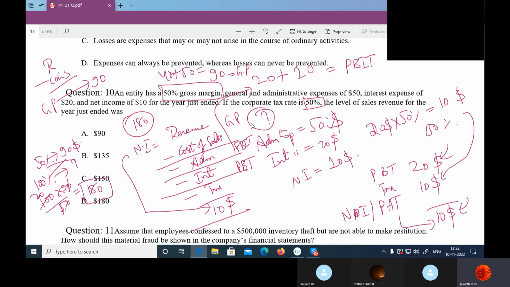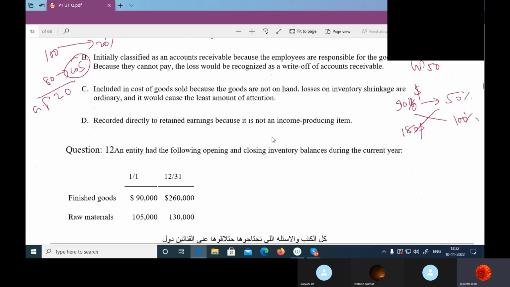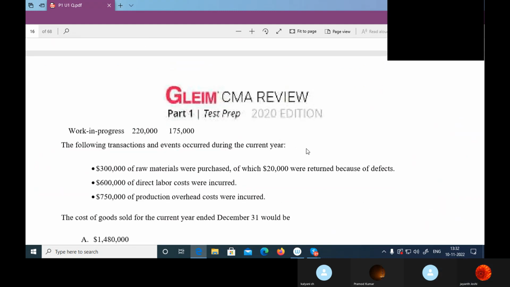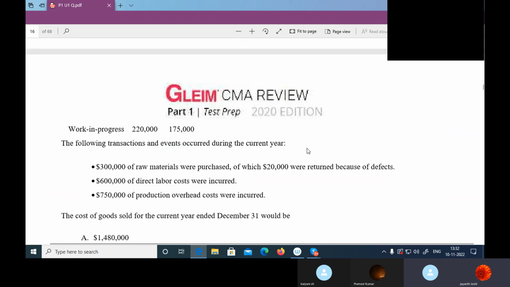This time you need to solve. Okay, can you do this question?